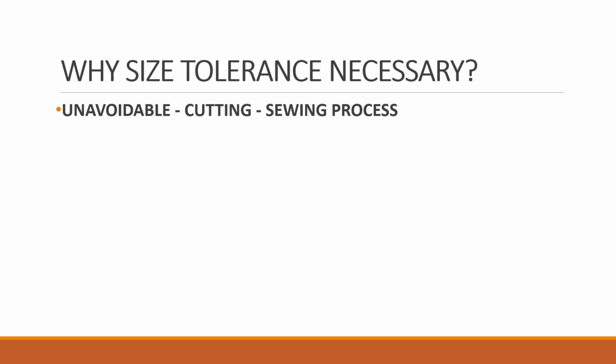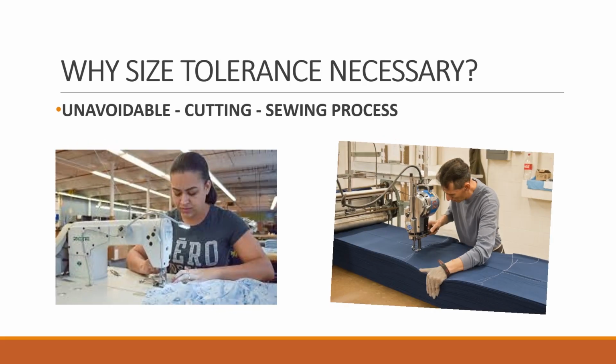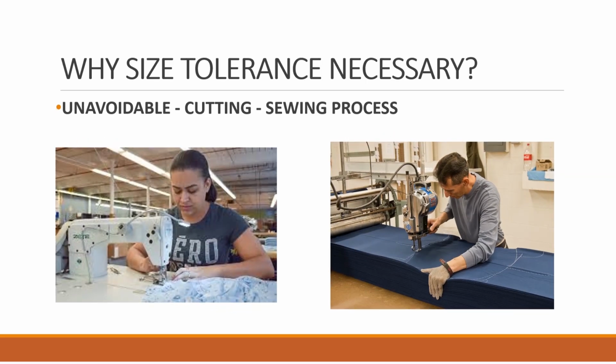Different instruments, different people are handling them. So all external factors affect the production process. That is the reason a little bit of size tolerance has to be given. Product raw material is also responsible for this. So in sewing and cutting, these kinds of tolerances are there.